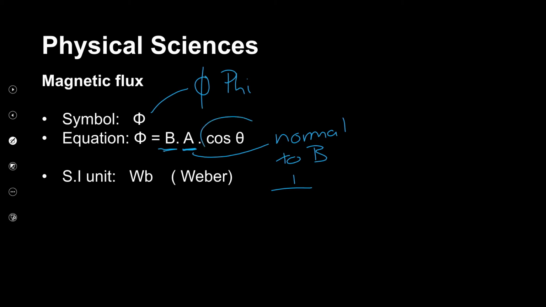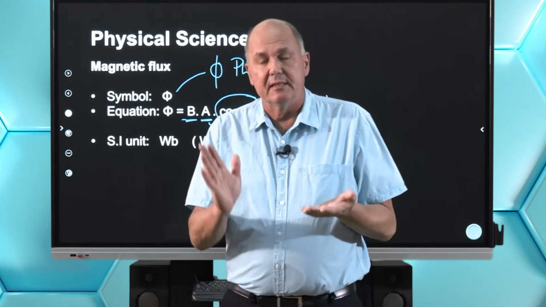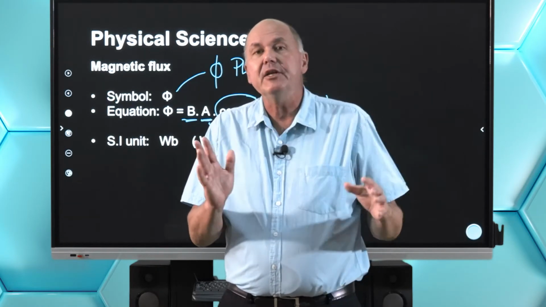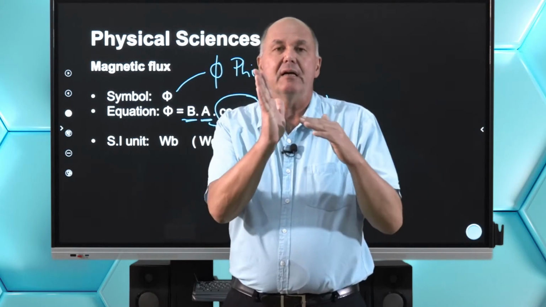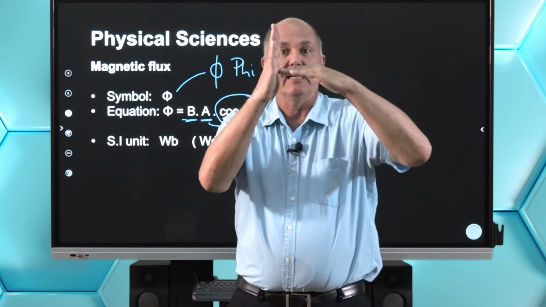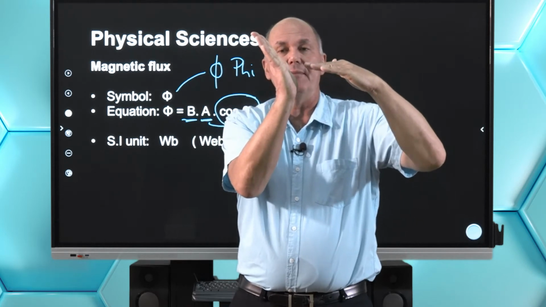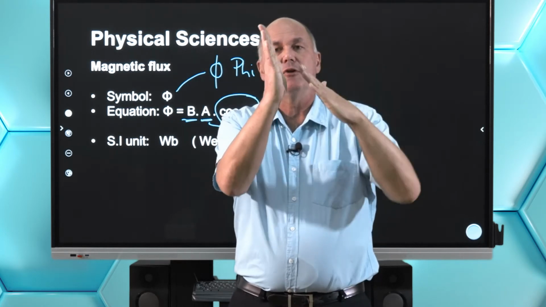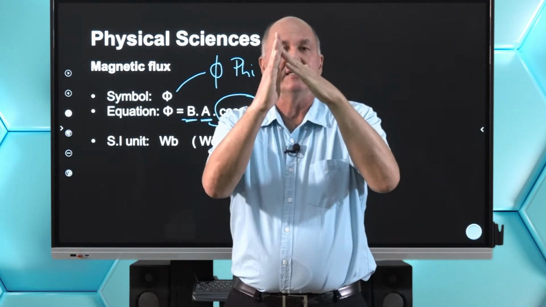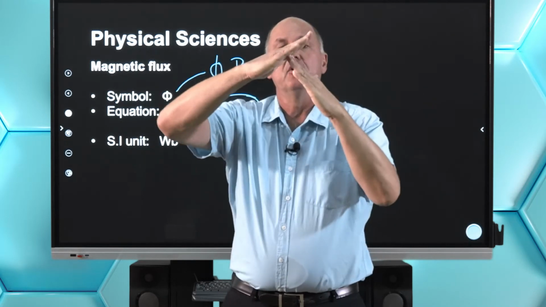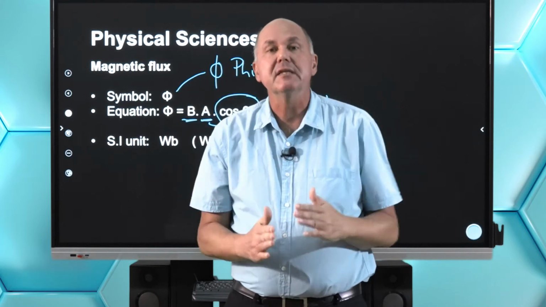Now, this angle here causes people some confusion. If for some reason you have a strange magnetic field that might not exactly be passing through an area at 90 degrees, say we examine a situation where the field lines are passing through at an angle. They're not at 90 degrees. Then we will have to take into account the difference in the angle.